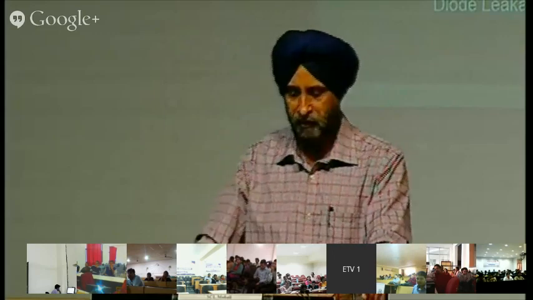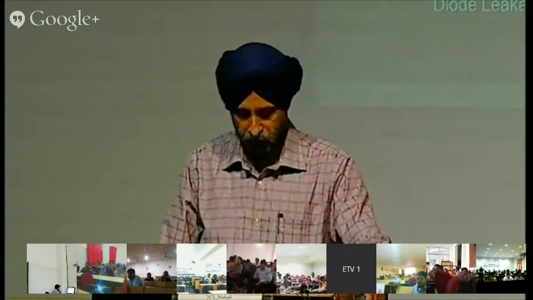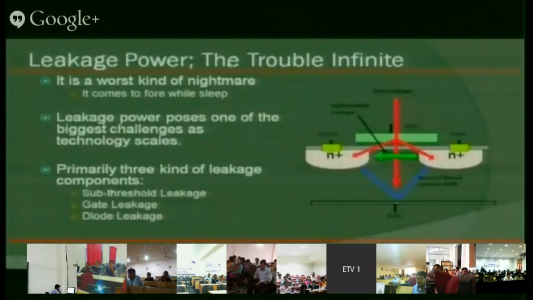Now we come to the leakage power. Leakage power is the real trouble. As we have seen, the leakage power is becoming more than the active power in smaller transistors in the new technology. As I told you, this figure explains, this is the source, this is the drain, and this is the gate length. As the gate length shrinks, there are leakages as shown by this green arrow.